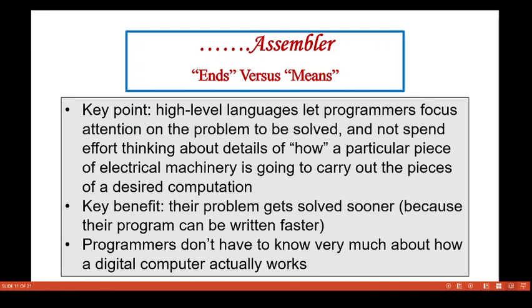The key benefit is that their problem gets solved sooner because their program can be written faster. So programmers don't have to know very much about how a digital computer actually works.